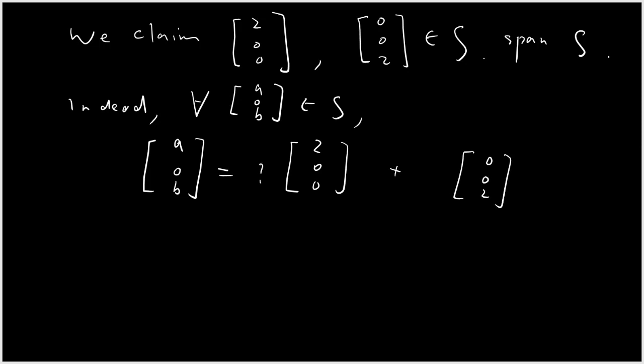I'm looking for the two question marks. So this time, tell me the two question marks. What are these two numbers? I'm looking for two question marks satisfying the equation.